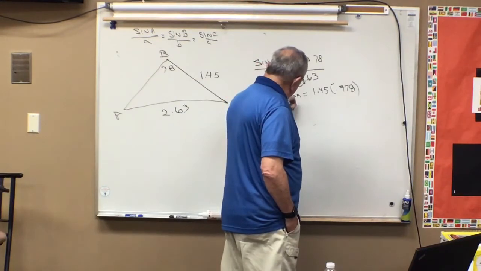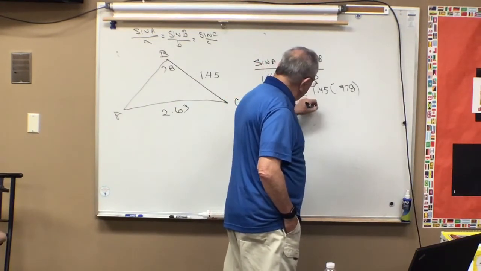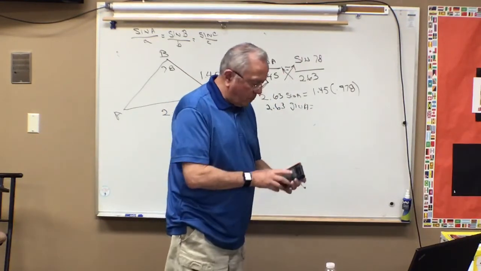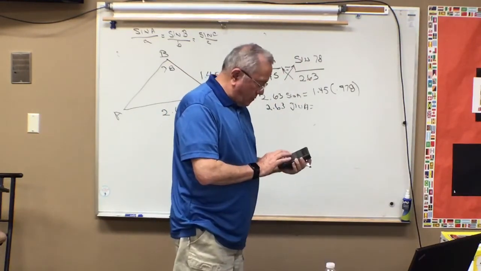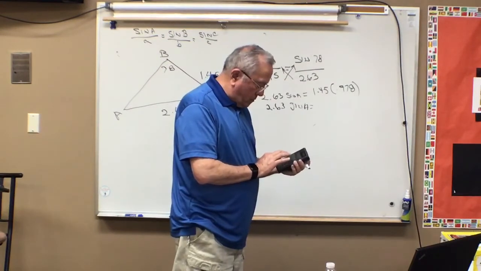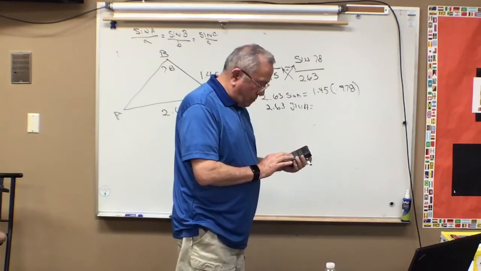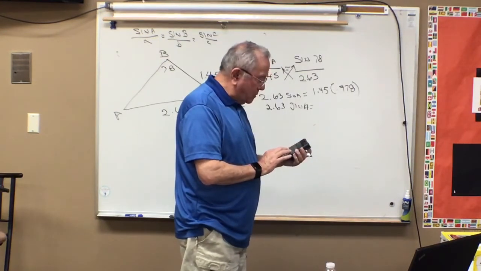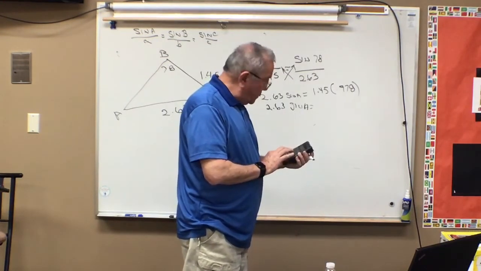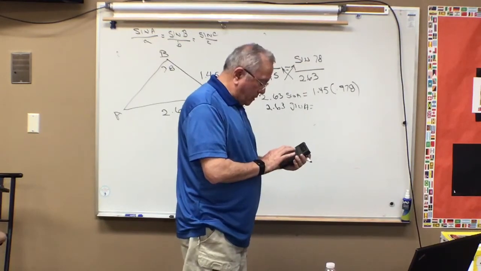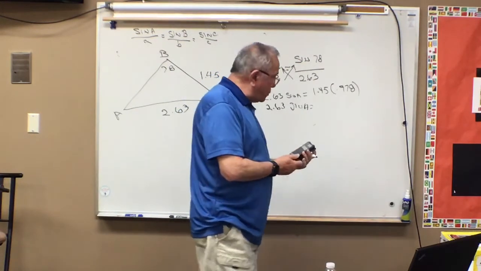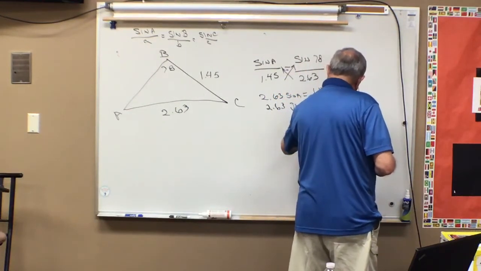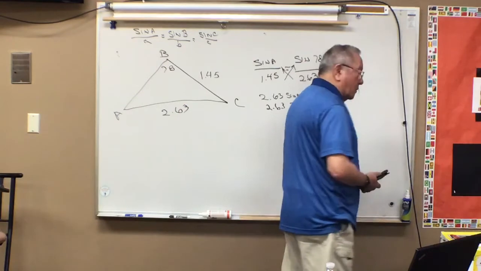So now 2.63 sine of A equals, you multiply them out, 1.4. Now, what do I do now?